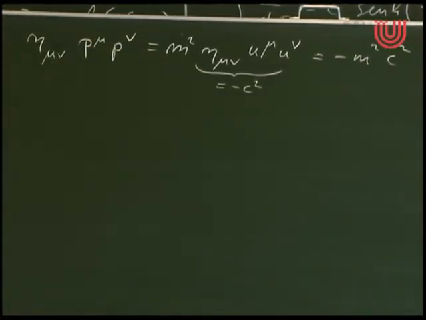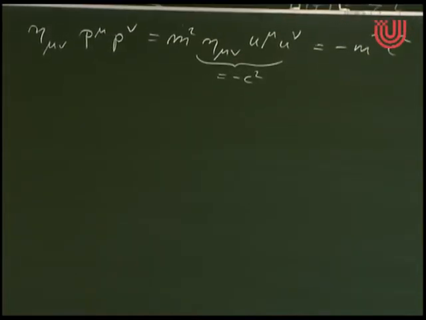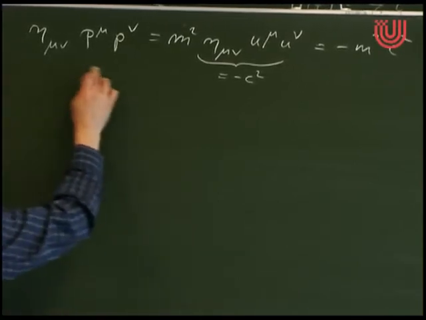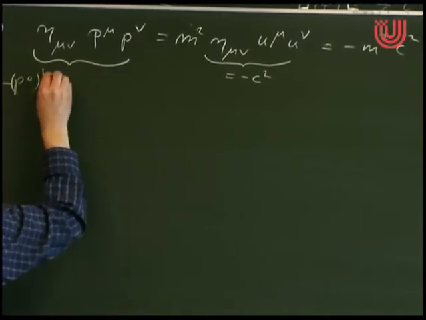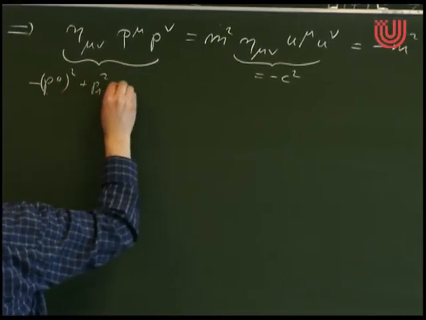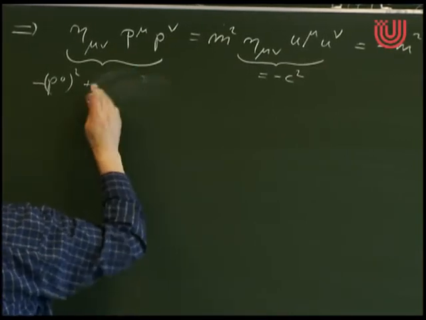This means I can express one of the components of the four-momentum, and the natural choice is the time component, in terms of the other 3. So I can write this, of course, as minus p0 squared plus p1 squared plus p2 squared. No, they have upper indices. Sorry.